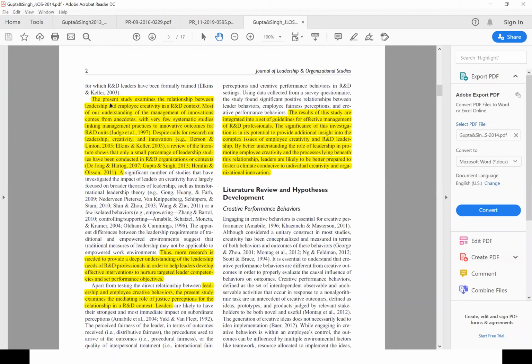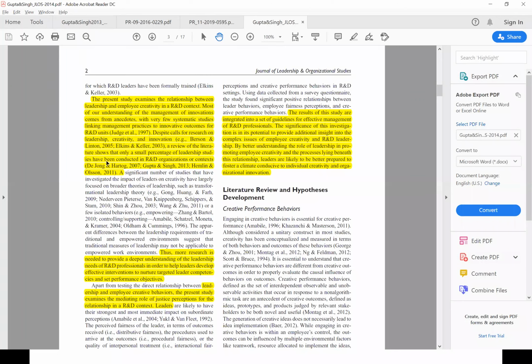The present study examines the relationship between leadership and employee creativity in the R&D context. Most of our understanding of management of innovations comes from anecdotes, with very few systematic studies linking management practices to innovative outcomes for R&D units. Despite calls for research on leadership, a review of literature shows that only a small percentage of leadership studies have been conducted in R&D organizations.